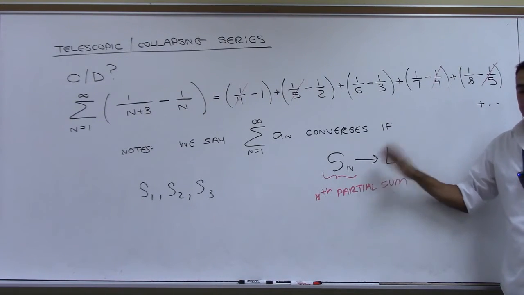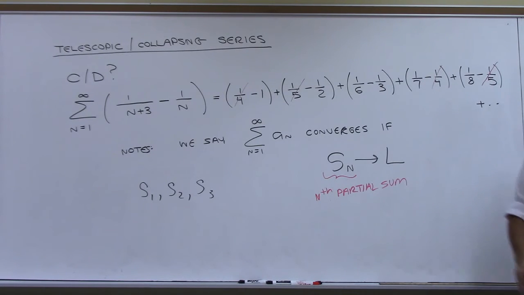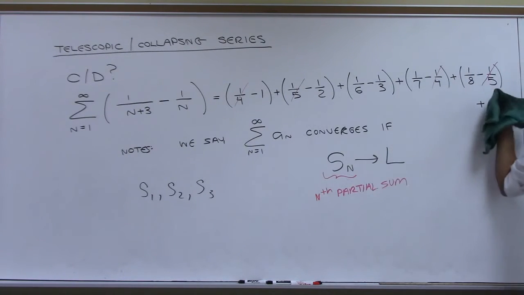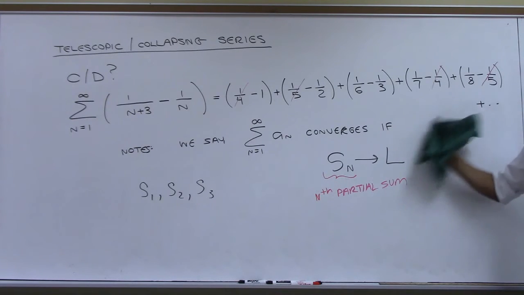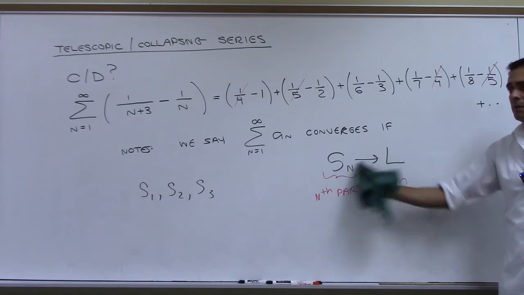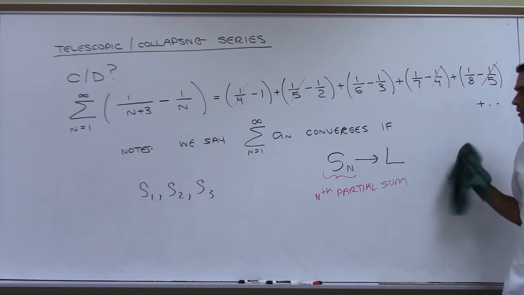All right? Okay, just follow along right now and see if you can handle this. What I'm going to do is figure out what the nth partial sum is of this. And then I'm going to let n go to infinity. When I do that, I'll be trying to figure out if it goes somewhere.